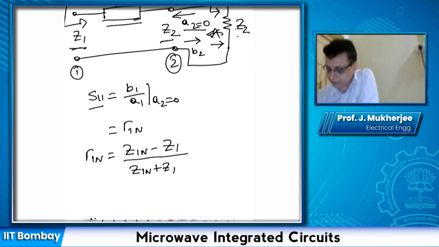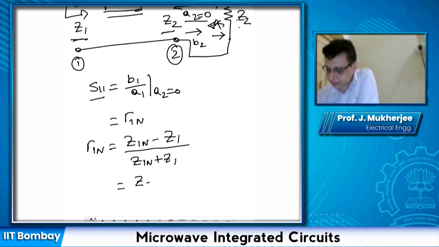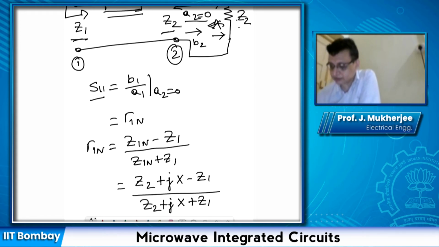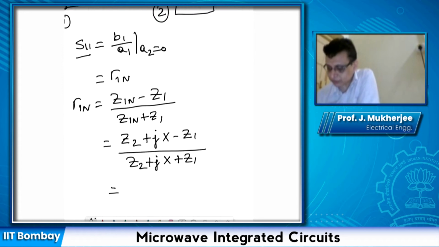So this is nothing but Z2 plus jX minus Z1 upon Z2 plus jX plus Z1, and that is equal to the S11 parameter.